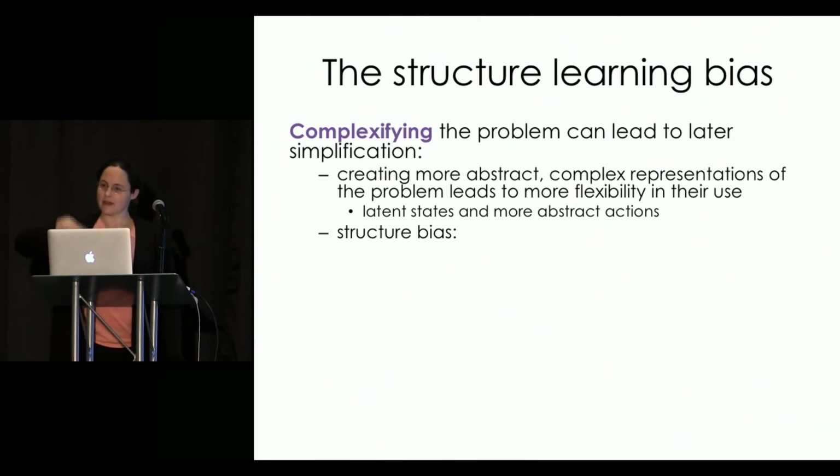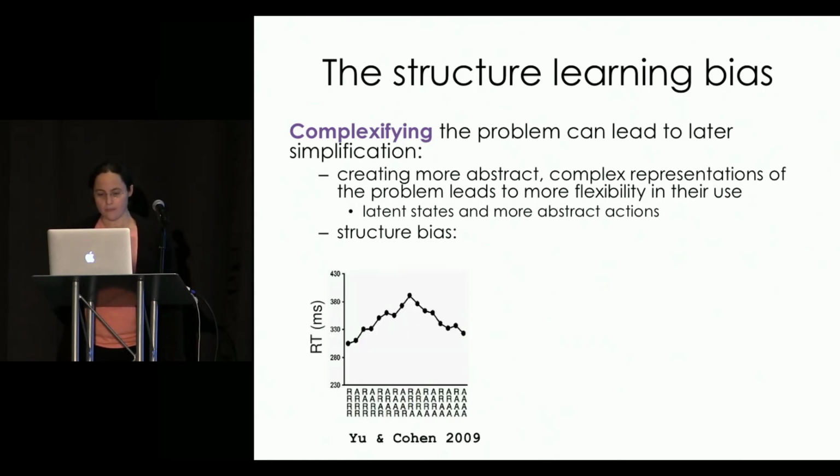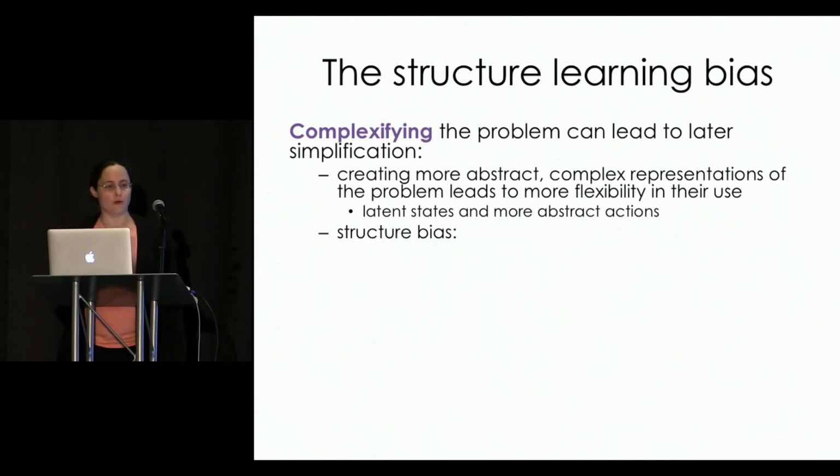And so by creating more abstract or hierarchical representations, it seems like they're going to pay a cost at learning slower, but that having made this structure representation later gives them much more flexibility and better ability to generalize and learn faster.